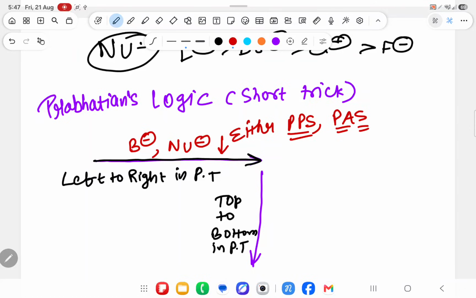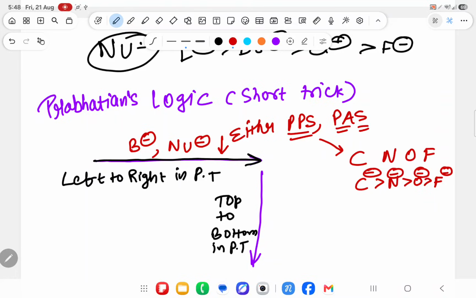Suppose I say hydrogen, helium, lithium, beryllium, boron, carbon, nitrogen, oxygen, fluorine. Which has more nucleophilicity? Carbon, then nitrogen, then oxygen, then fluorine. Nucleophilicity means negative charge is there. So carbon has the most, then nitrogen, then oxygen, then fluorine, because left to right base power and nucleophilicity power decrease.